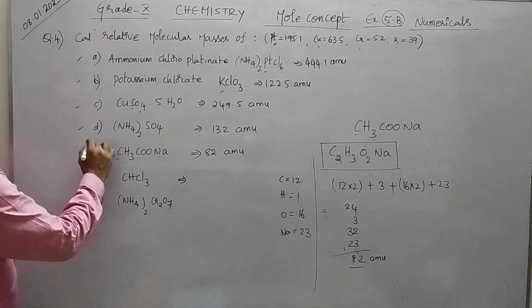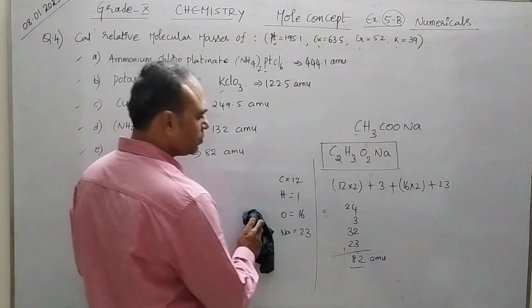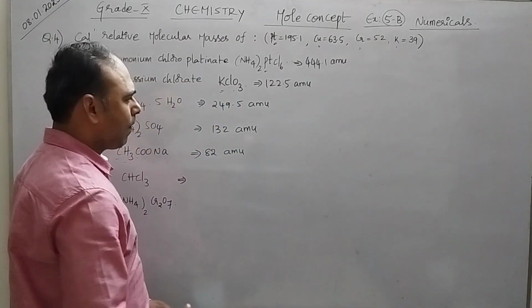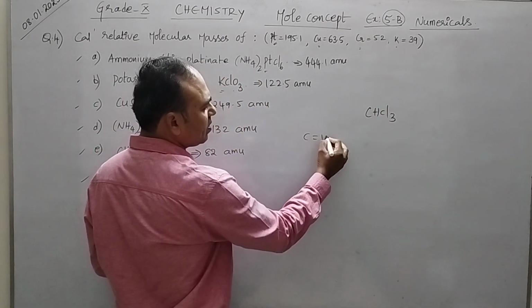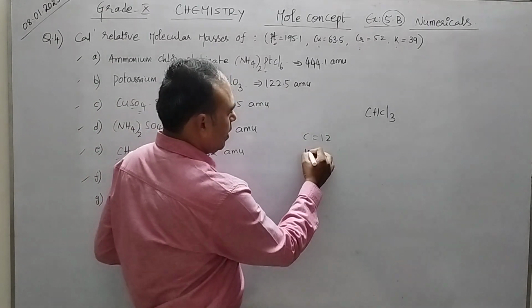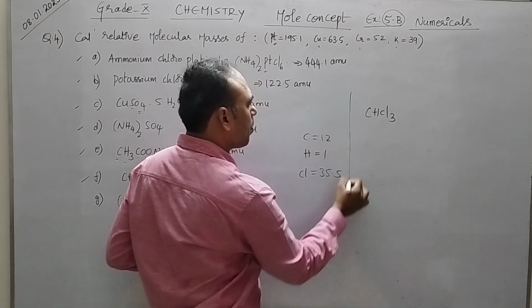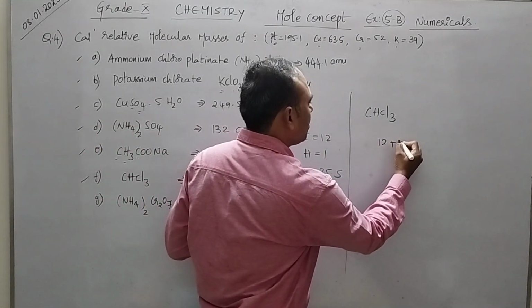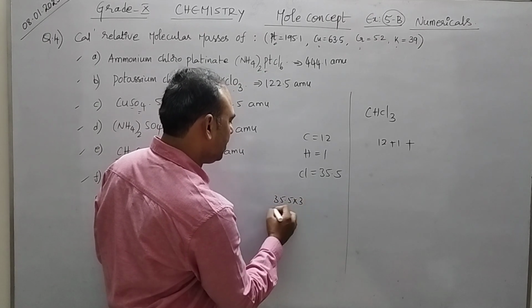Next, solve the molecular mass of chloroform, CHCl3. Atomic mass of carbon 12, H is 1, chlorine is 35.5. So now add this: 12 plus 1 plus 35.5 into 3.